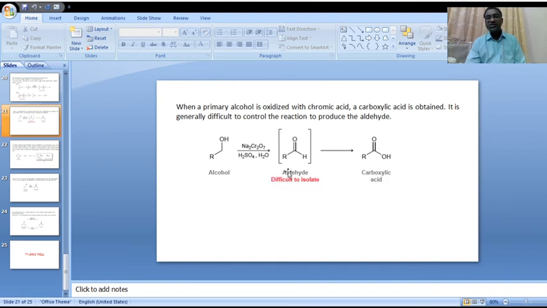In this reaction, it is difficult to isolate the intermediate compound, the aldehyde.